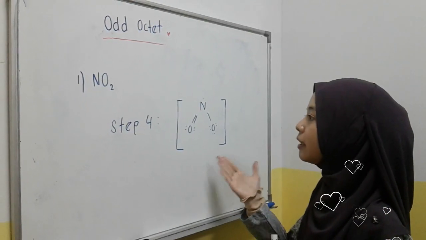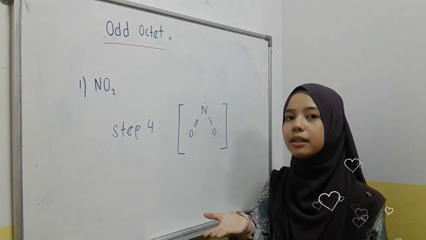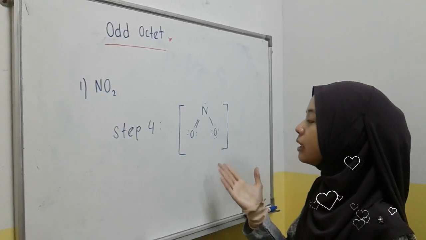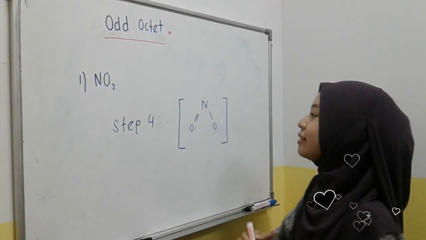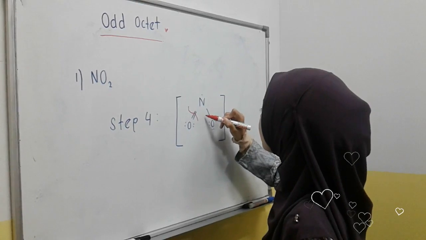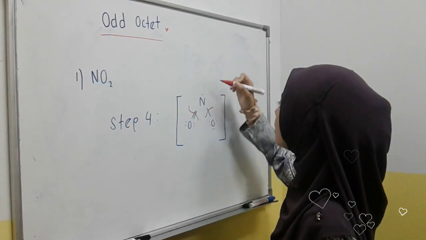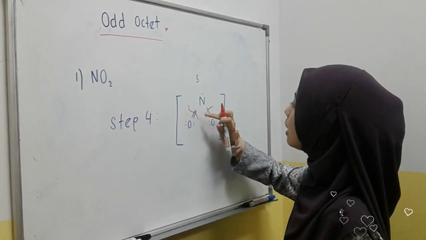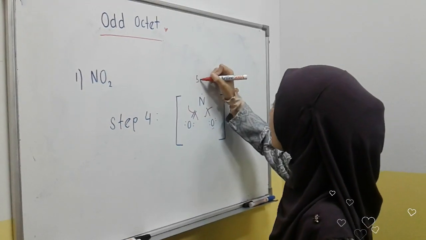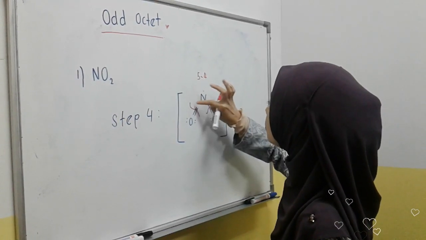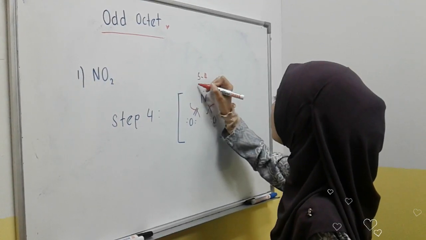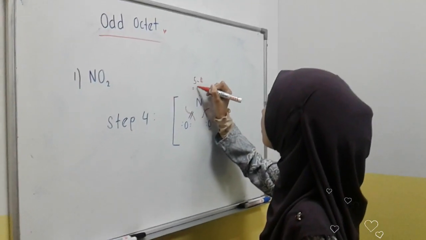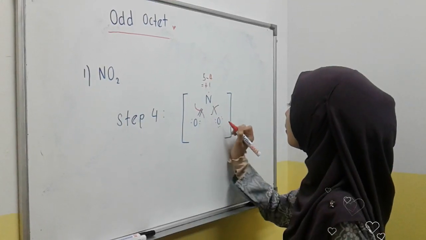Next step is we must calculate the formal charge to confirm whether the compound is correct or not. Okay. First, the valence electron for N is 5, but in this compound it also has 4, which is 1, 2, 3, 4. We have 5 minus 4, and we get positive 1.